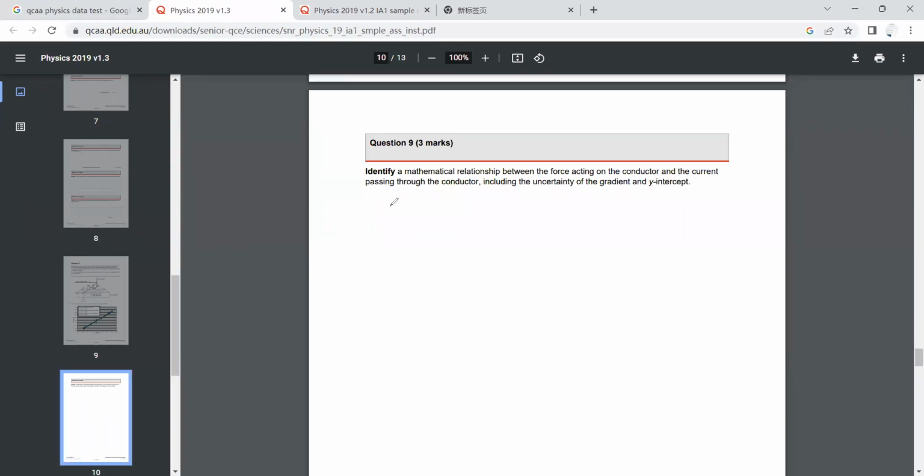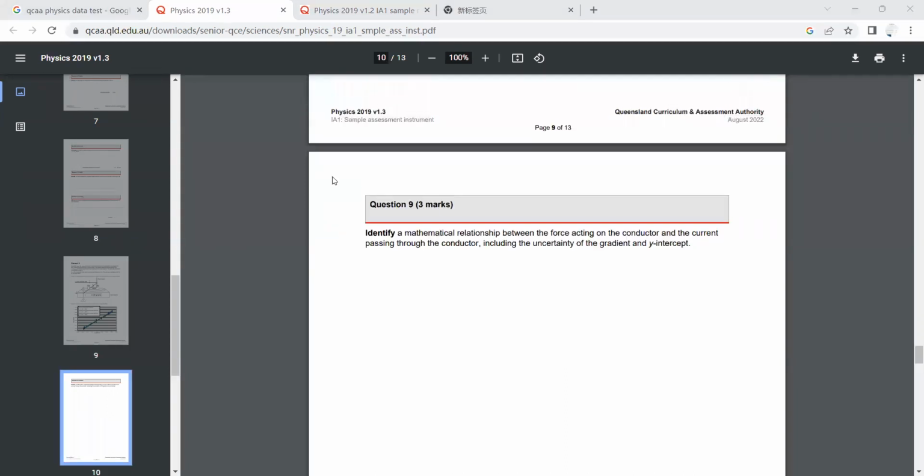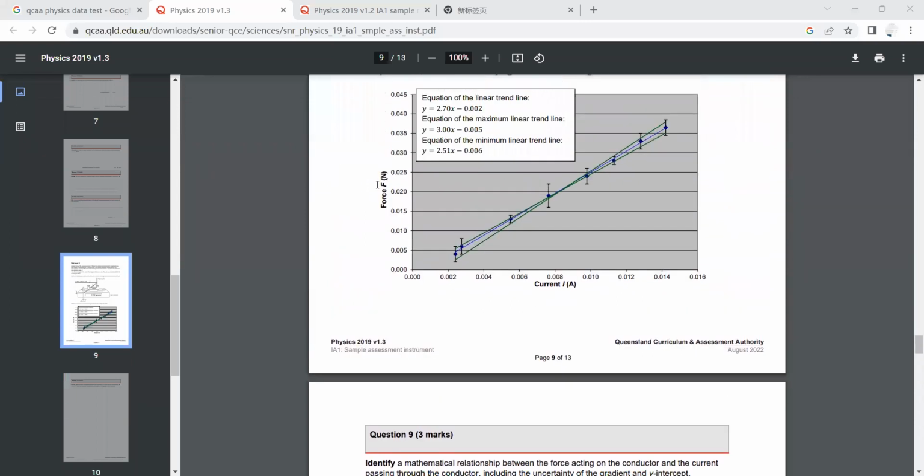So for this one, we need to look at the questions there. It's a mathematical relationship, like a linear relationship, right? Between the force acting on the conductor and the current passing through the conductor.